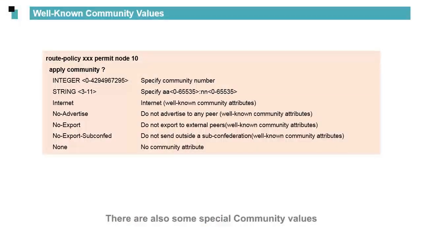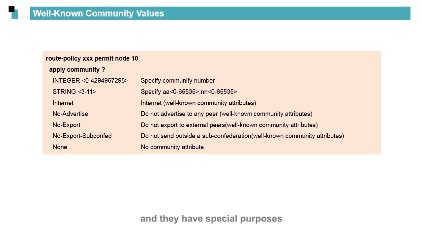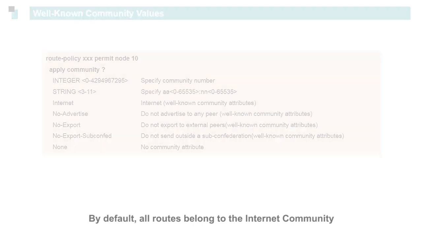There are also some special community values referred to as well-known community values, represented in a character string, and they have special purposes. Well-known community values include no advertise, no export, no export subconfed, none, and internet. By default, all routes belong to the internet community.